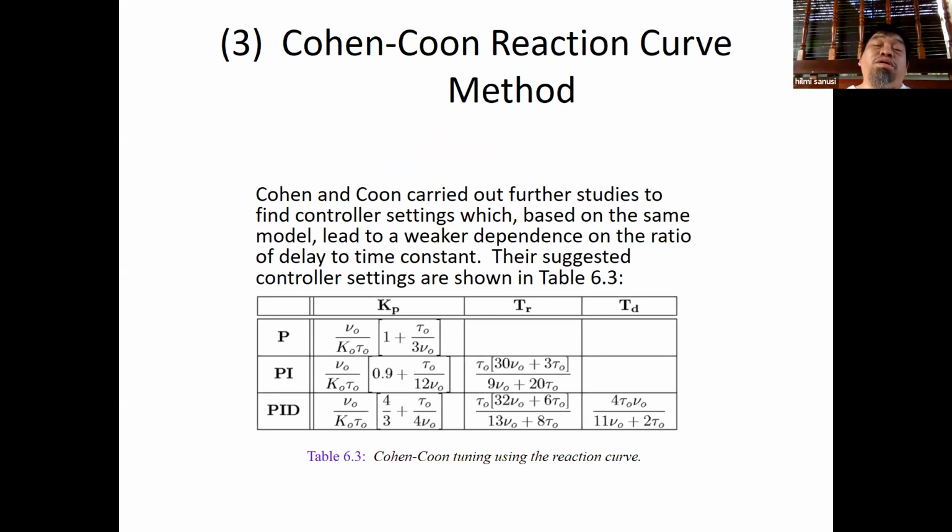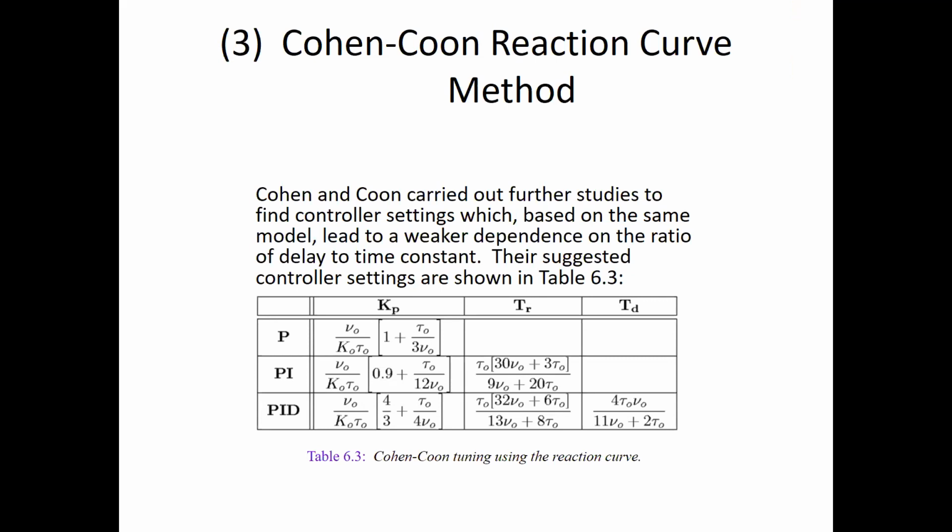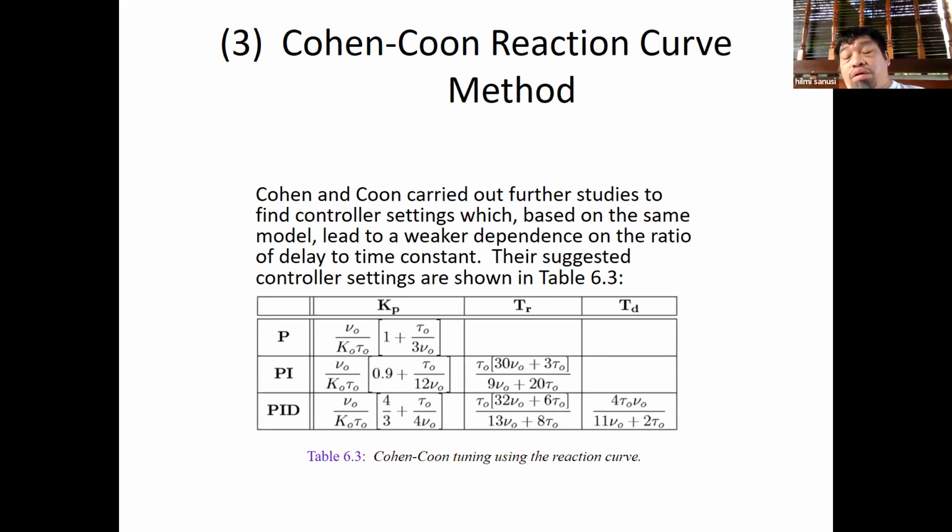So Cohen-Coon came up with a different ratio untuk KP, KI dengan KD. So Cohen-Coon carried out further studies and find the control setting, which is based on the same model, tapi dia lead to a weaker dependence on the ratio of delay and the time constant. Ini sama je, beza dia punya parameter je, dia punya ratio-nya je lain.